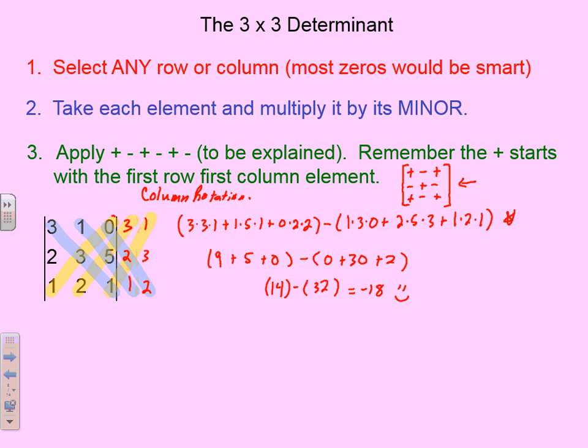So now we've seen two things, the column rotation method and the minors, to figure out the determinant of a 3 by 3 matrix. So whichever method you prefer, you're welcome to use.